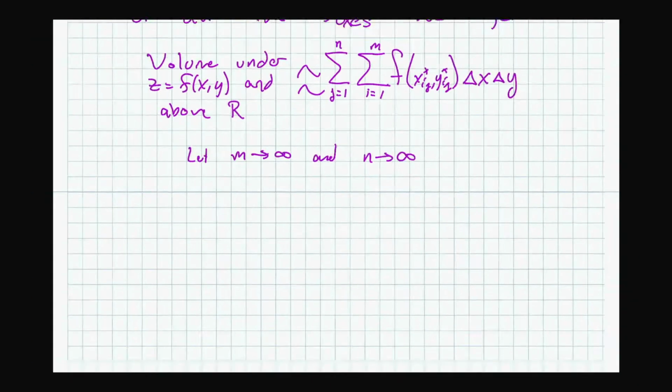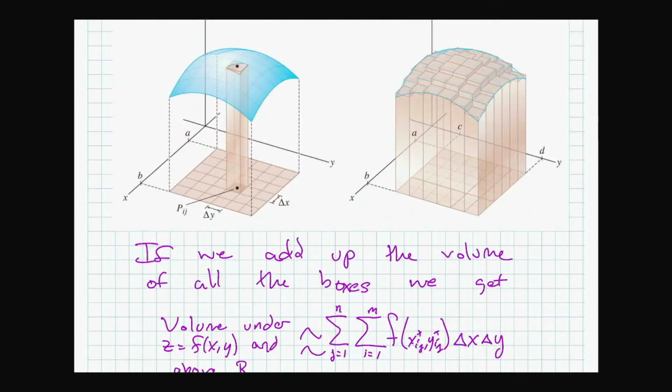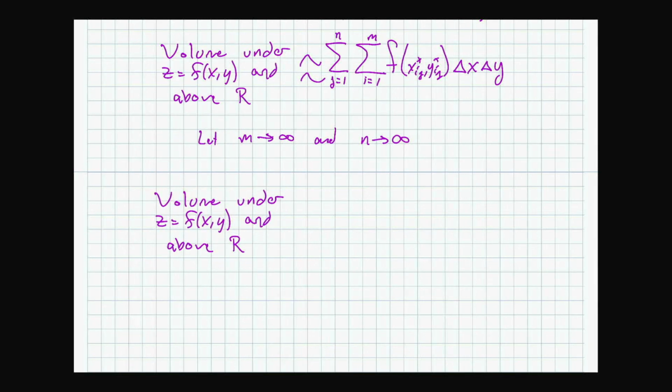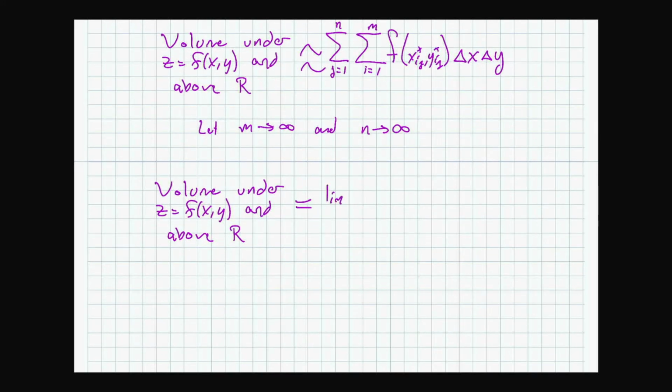And then what happens is these boxes get smaller and smaller, and then the volume will become perfect. So you get that the volume under z equals f of x, y, and above the region R is going to be exactly equal to that limit. You can write limit n goes to infinity, limit m goes to infinity, this thing.